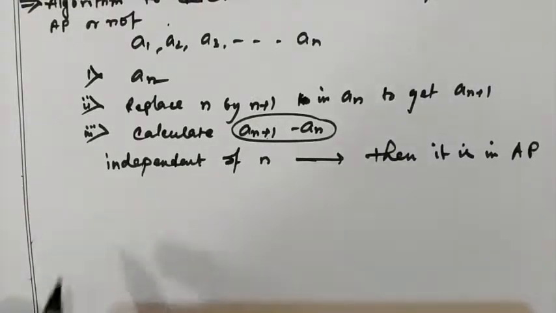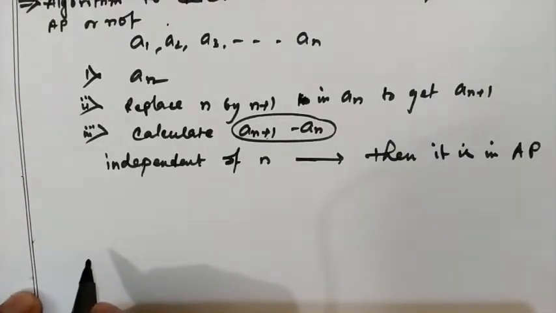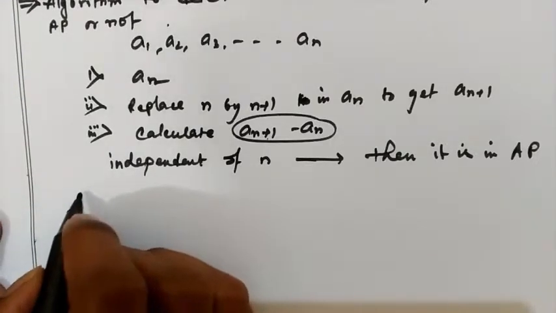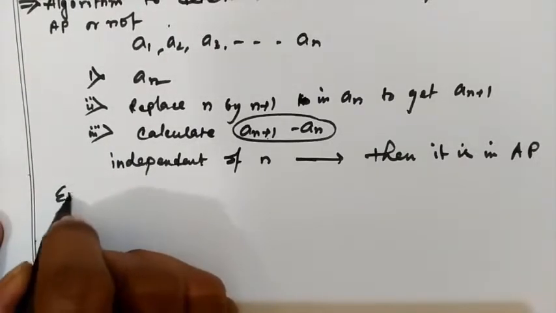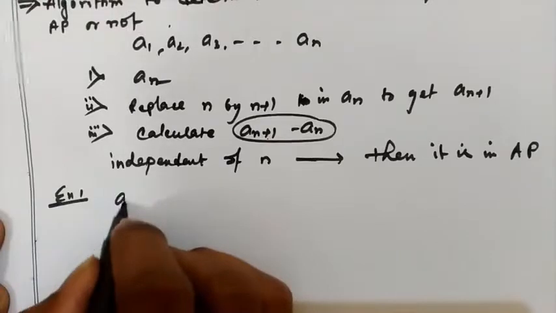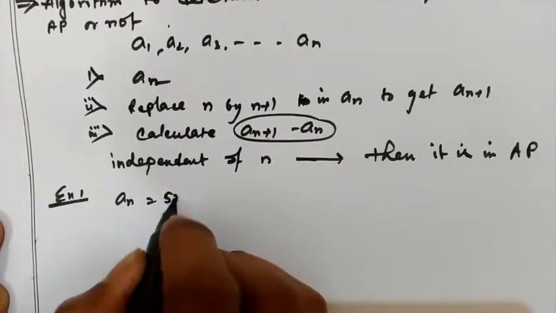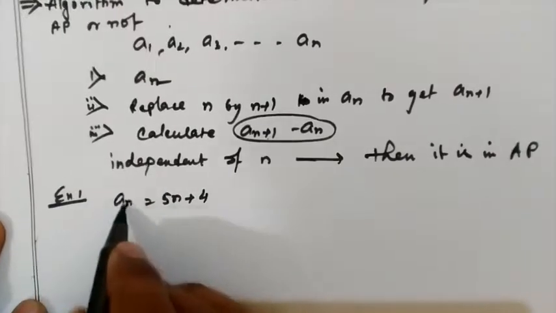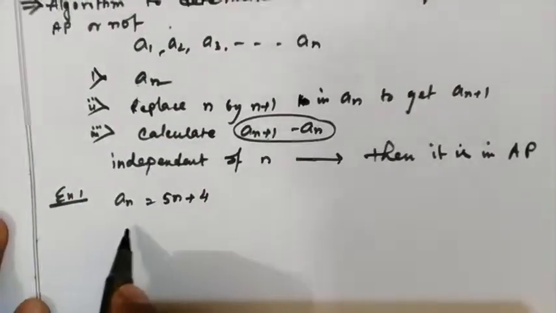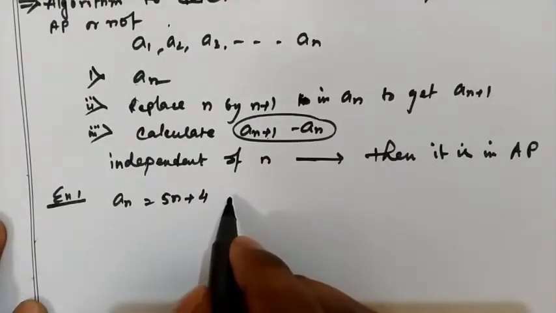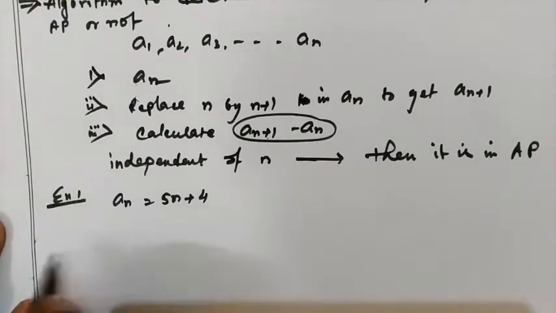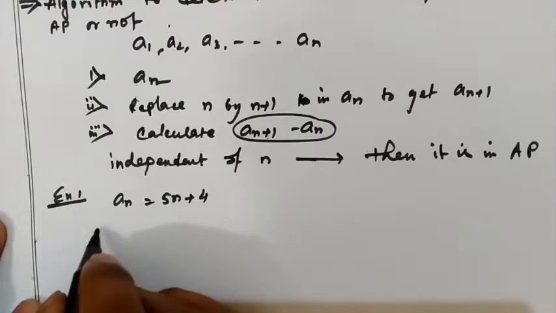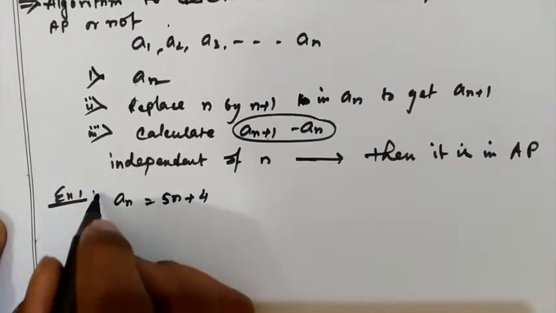For example, suppose the nth term is given, example 1, an is equal to 5n plus 4. We have to find whether it is in AP or not. First step, we have got an.